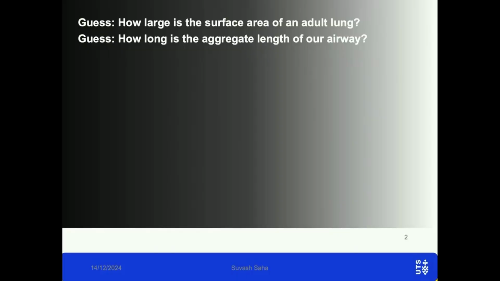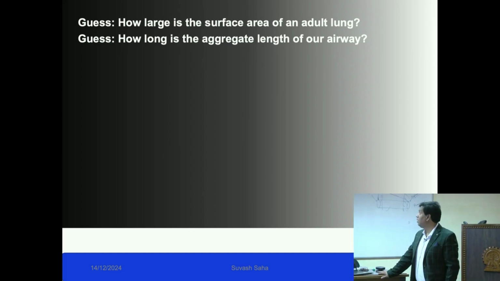So, just guess how large is the surface area of an adult lung? And also guess how long is the aggregate length of our airways? Because we have a very tiny lung here, but the surface area, how much?